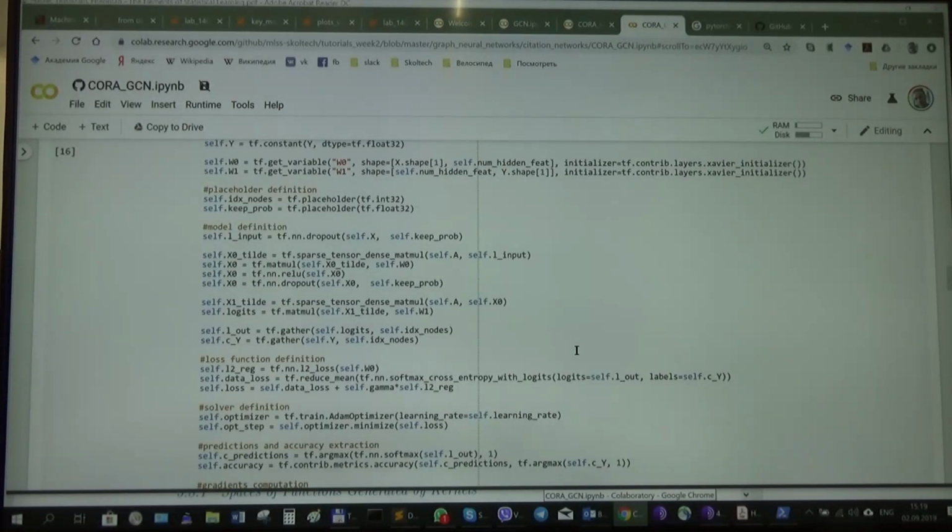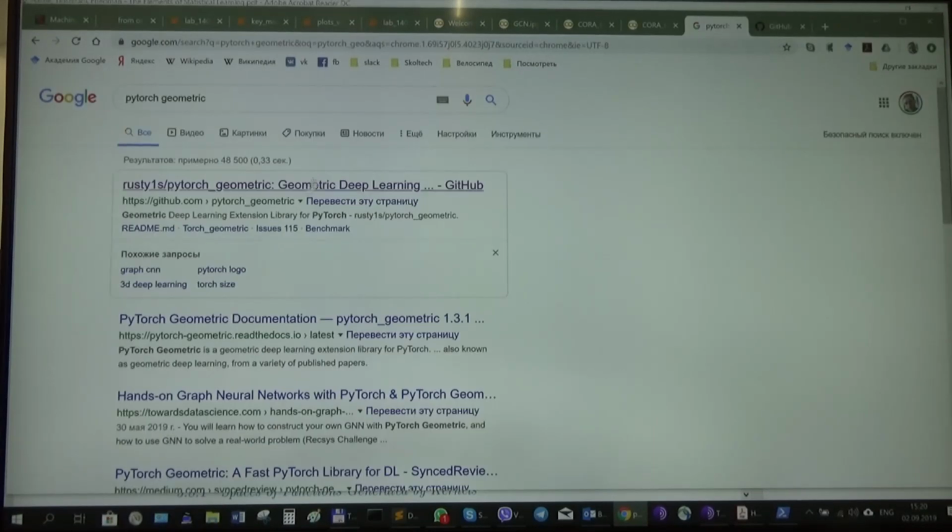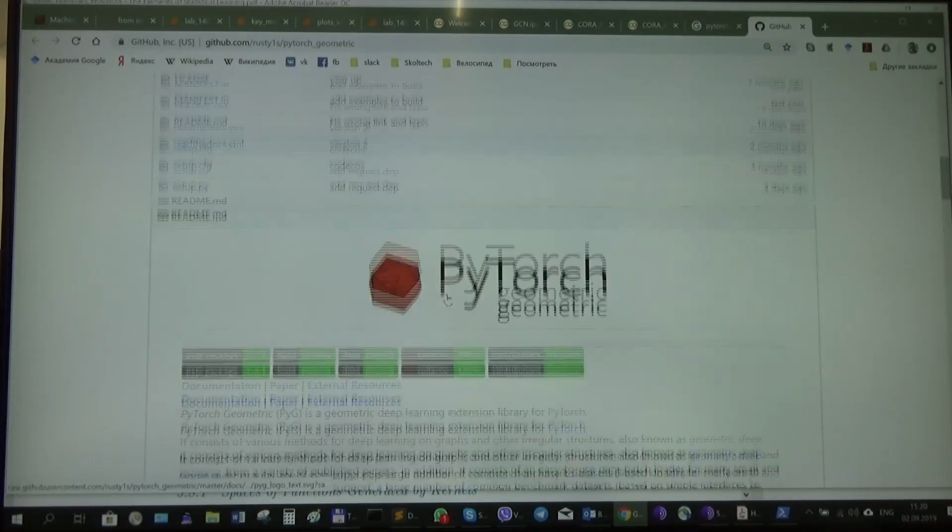So yeah, contrary to what we've been showing you, it's better to use specific frameworks for graph neural networks, because it's going to be much easier, and I doubt that you can effectively re-implement a lot of the algorithms needed for that by yourself. One of those frameworks is PyTorch Geometric, as I mentioned.